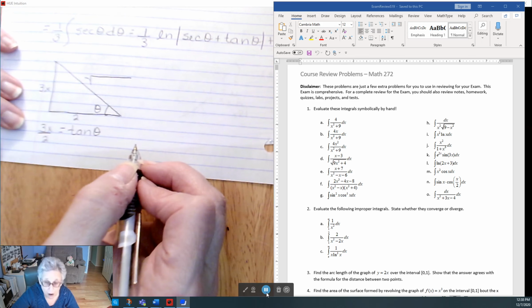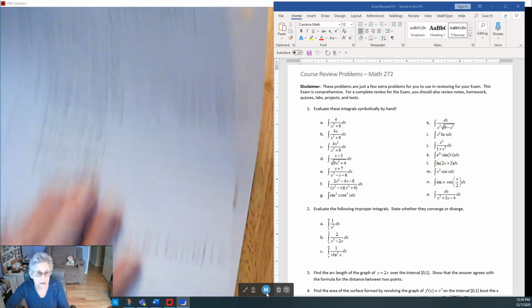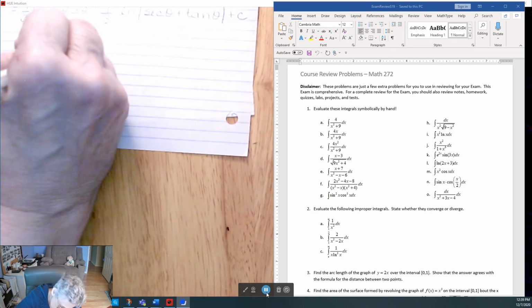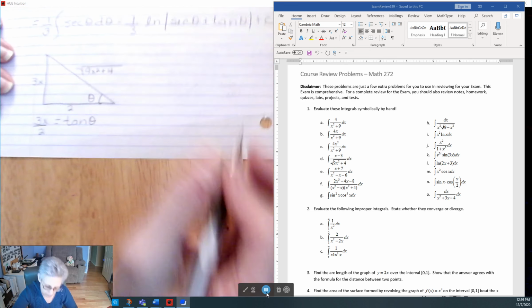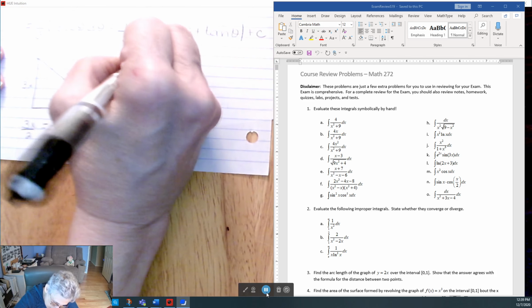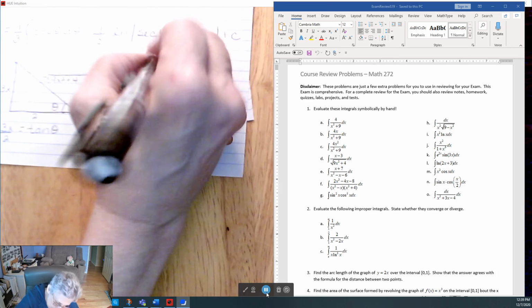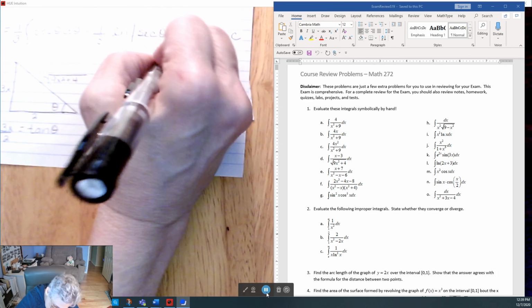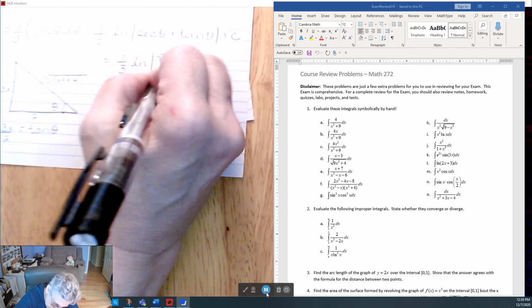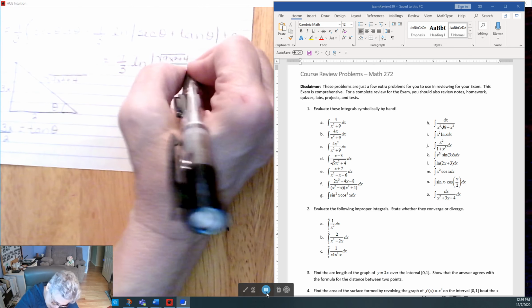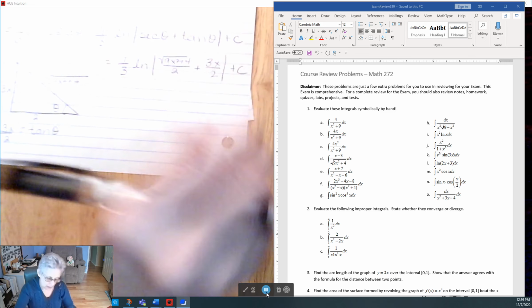The other side will always be equal to the expression you started out with, opposite squared plus adjacent squared. So this is 1/3 natural log absolute value of secant, which is hypotenuse over adjacent, plus tangent, which is 3x over 2, plus a constant.